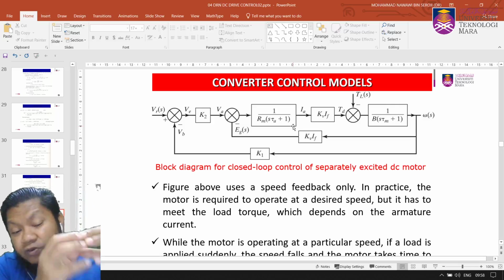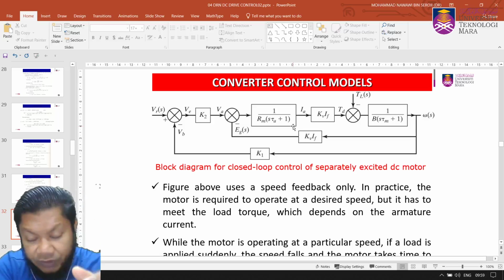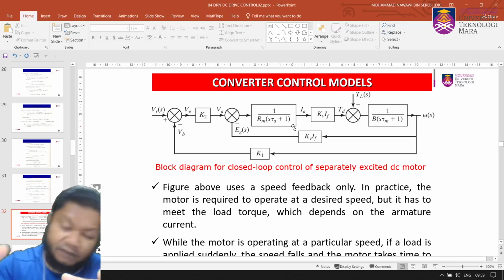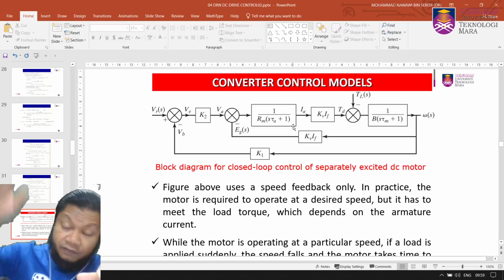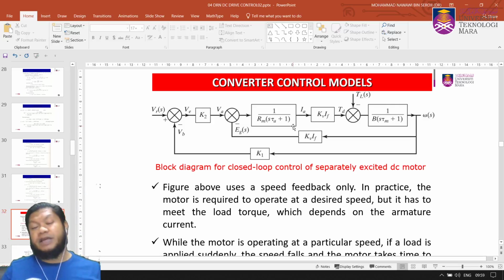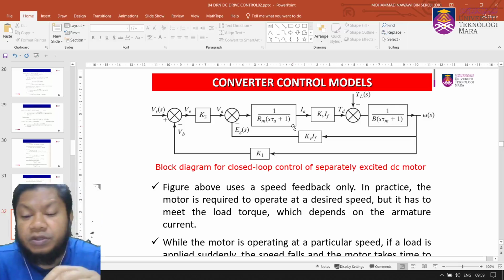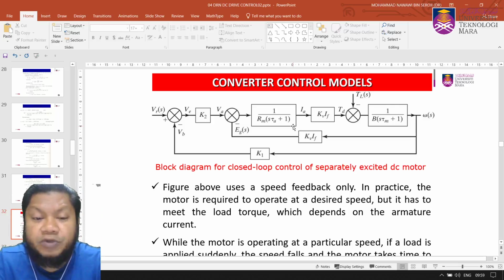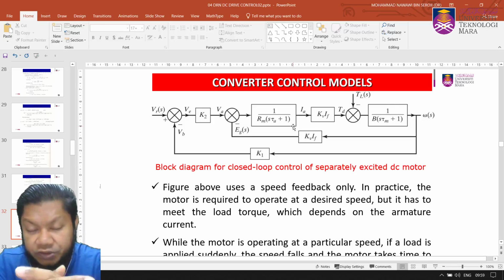If you don't include a compensator circuit, for example a PI controller or PID controller, the speed cannot be stabilized. It will fluctuate. So you have to consider that to have the complete control circuit. Up to this point we have done the closed loop model only up to the converter. The next video will be on how we complete the whole system.